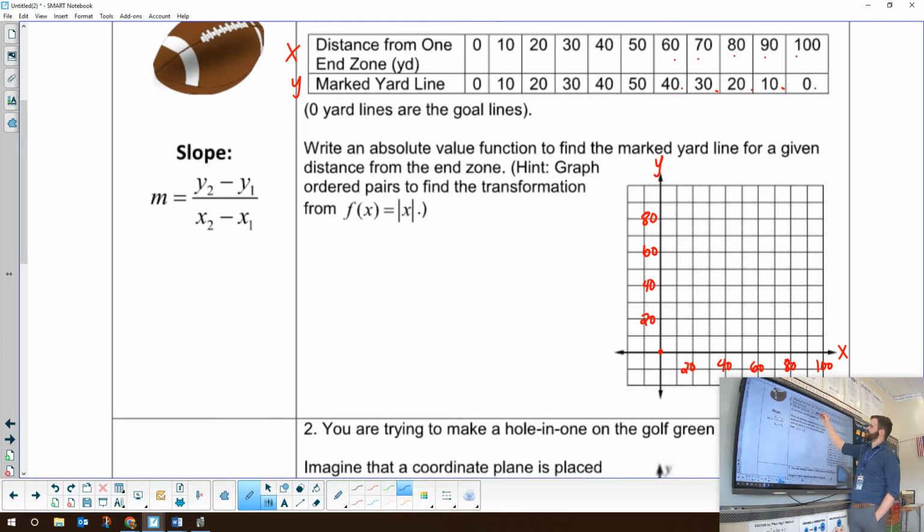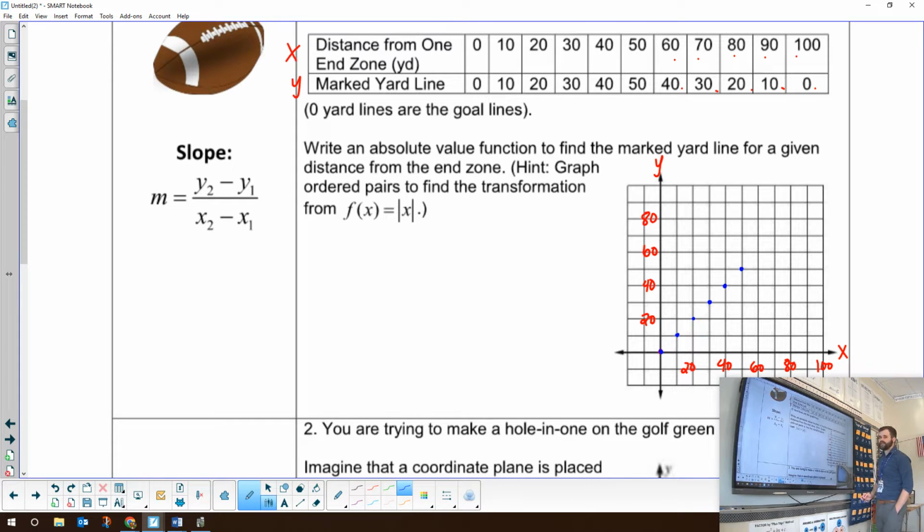So if this is my x and this is my y, I'm going to have a point on my graph at 0, 0. So that's when I'm 0 yards away from one end zone. We're also at the goal line, or the 0 yard line. Okay? Then we'll have a point at 10, 10, a point at 20, 20, a point at 30, 30, a point at 40, 40, and a point at 50, 50.